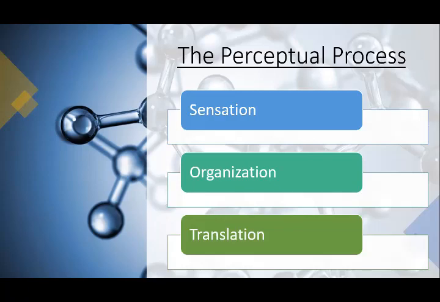Then the next step is the translation of that data, deducing a meaningful message from it. You have seen a bright spot in the sky, and at night time you will label it as a star.